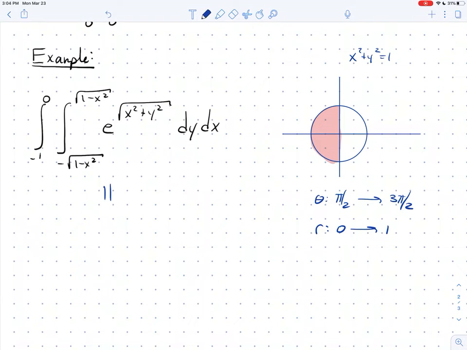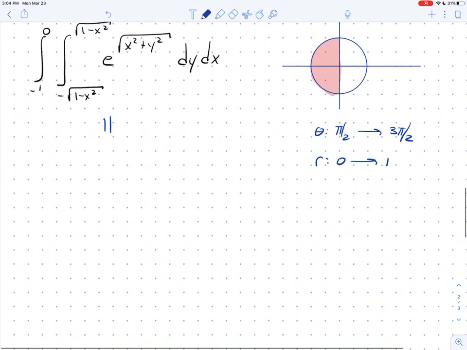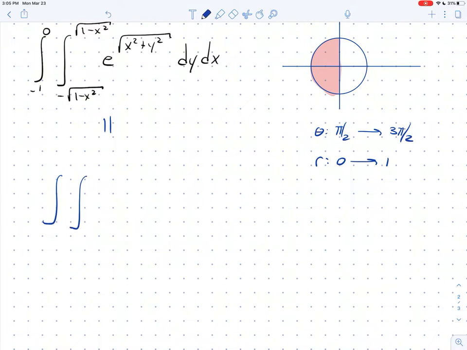So when I rewrite this in terms of polar, I'm going to get the double integral of e to the radical r squared, which is just e to the r, times r dr d theta. R goes from 0 to 1, theta goes from pi halves up to 3 pi halves.